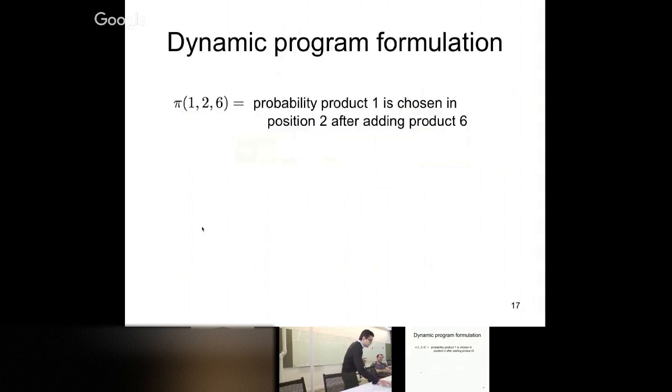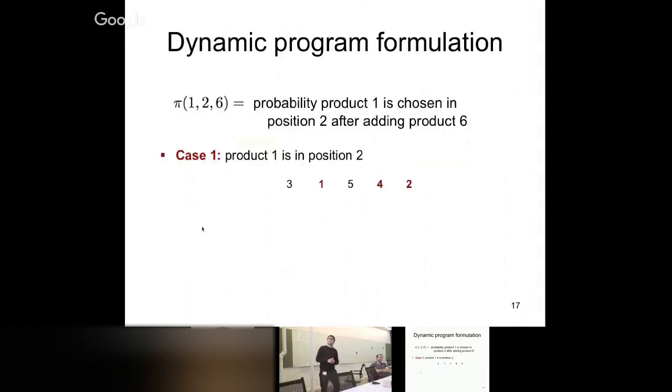Okay. So let me illustrate the formula by example. Let's say my offer set is 1, 4, and 2. These are my options that are available. And I want to compute this probability. What is the probability that 1 appears at position 2 in the random list 1 to 6? Suppose I have the probability that it appears at position 2 in the random list from 1 to 5. Now 6 can be inserted.